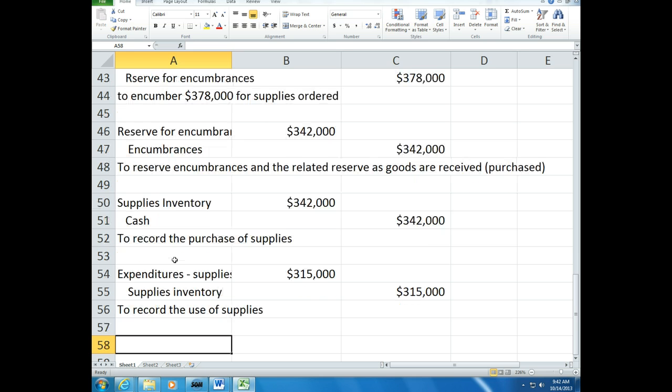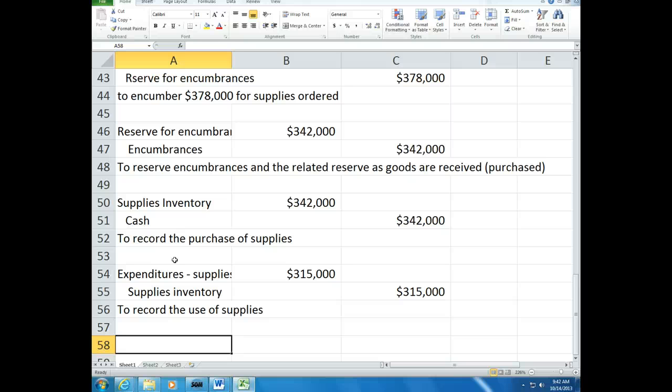Does that make sense? Now, B tells us make additional entries that would be required at year end to close the accounts. So what do we need to do here? We need to fix our fund balance unassigned and nonspendable, and probably close out the expenditures and the encumbrances at year end.